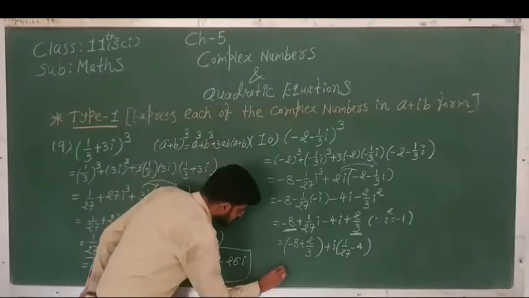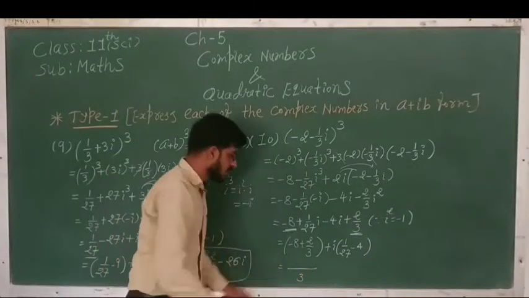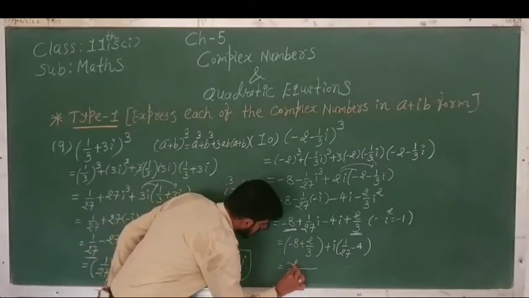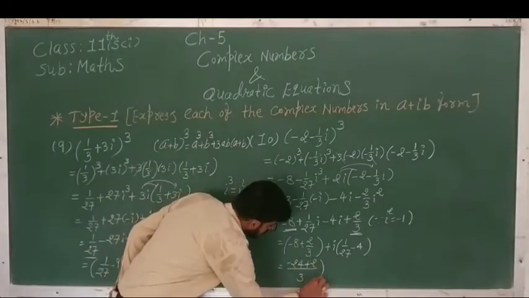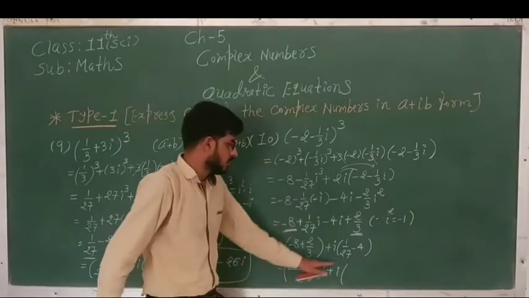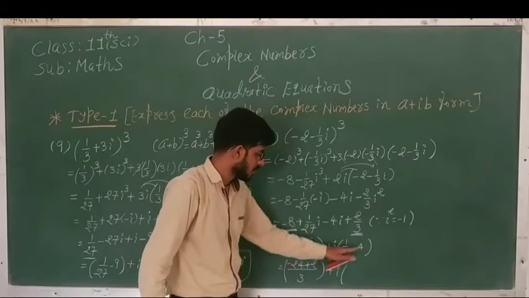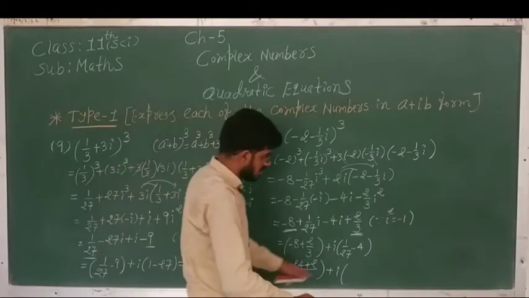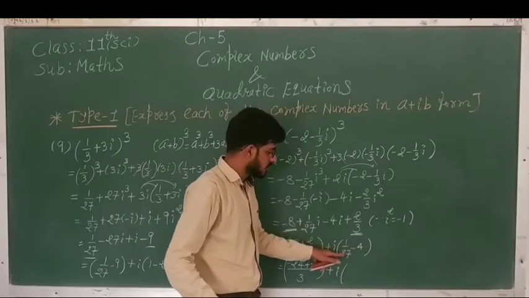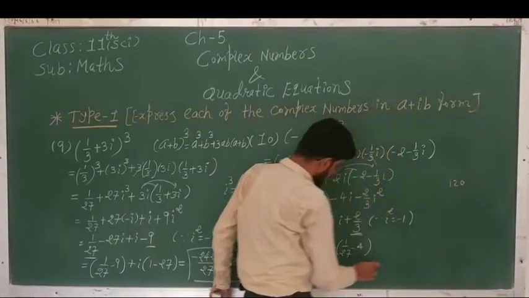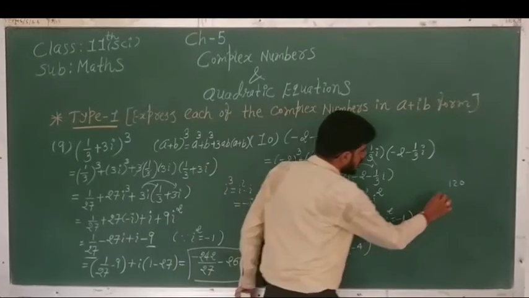So it gives, take LCM, which will be 3. 8 threes are 24, minus 24 plus 2, plus i bracket, 27 fours are 108.